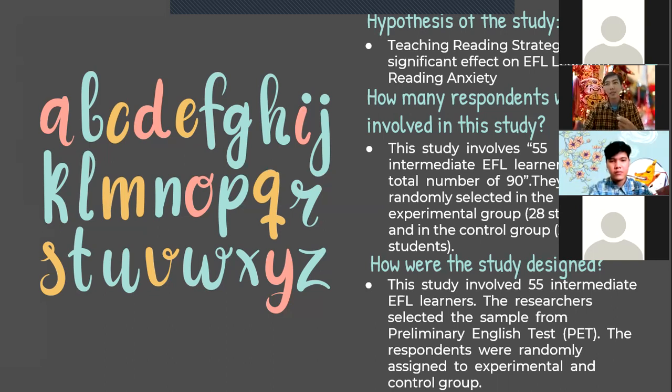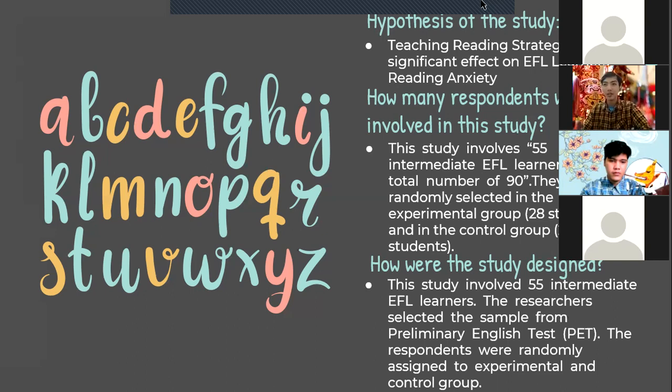And for the dependent variable? It is the EFL learners' reading anxiety. Yes, that's right. So I think the dependent is the object of the treatment. I think it makes these variables easier to understand.